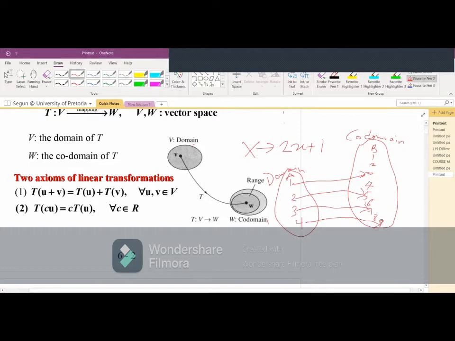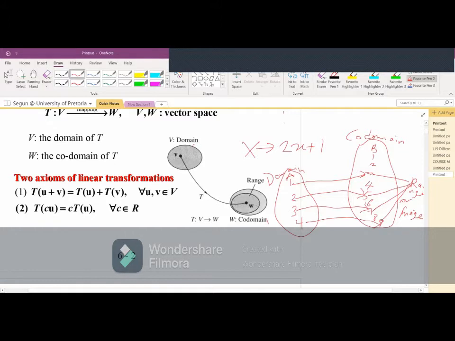You know those ones that it mapped outside, let's call them out. This is what they call the codomain. This is what they call the range.